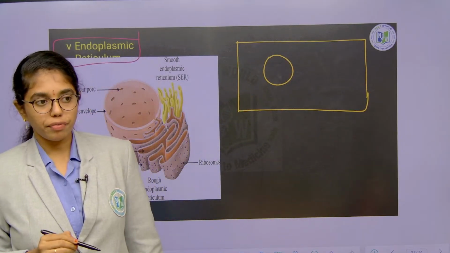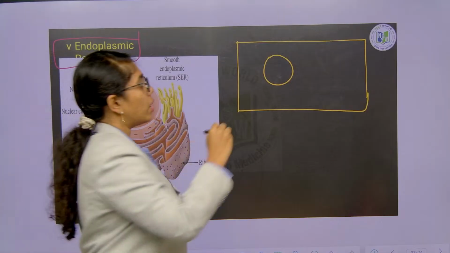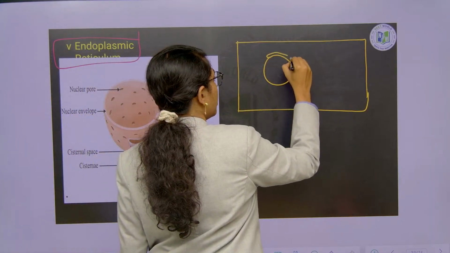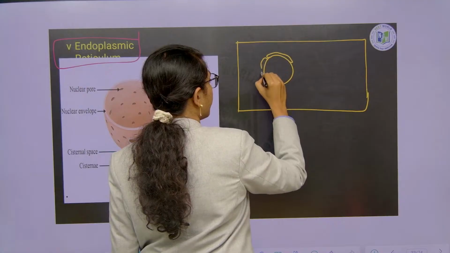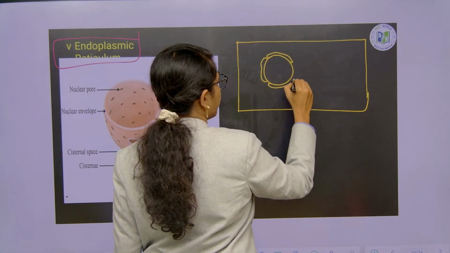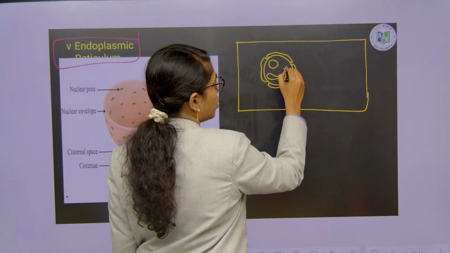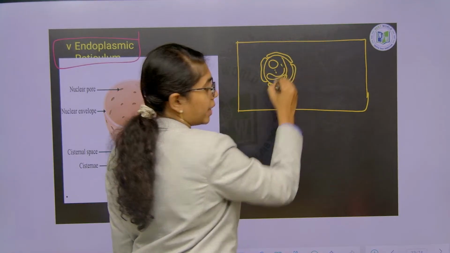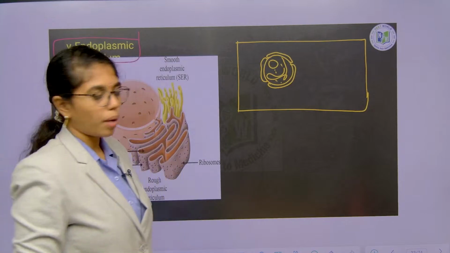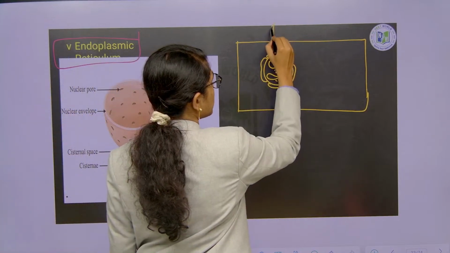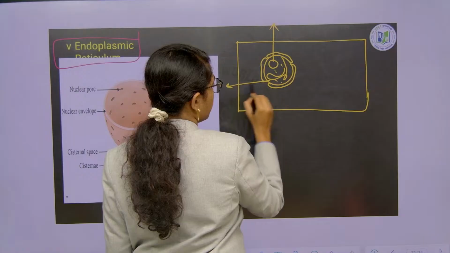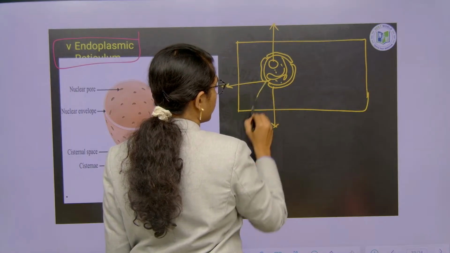The 4 components of the nucleus, I hope you remember. Outermost it has what, ma? Nuclear envelope. And inside it has nucleolus, nucleoplasm and nuclear pores. These are the 4 components: nucleolus, nucleoplasm, nuclear envelope, nuclear pores.